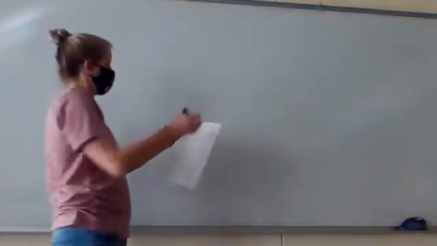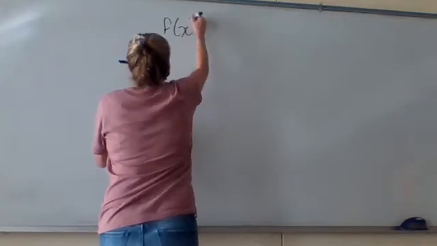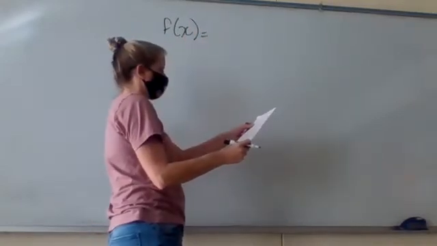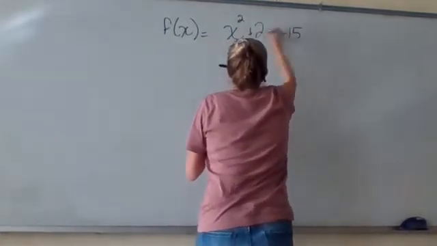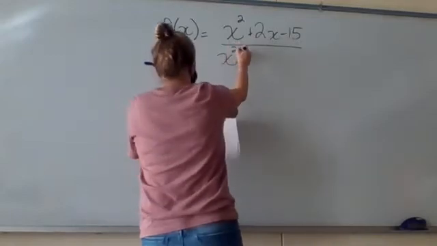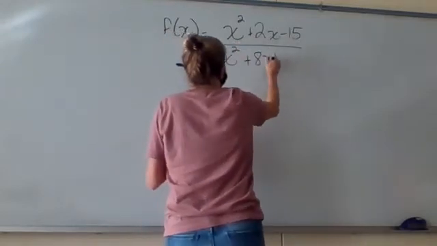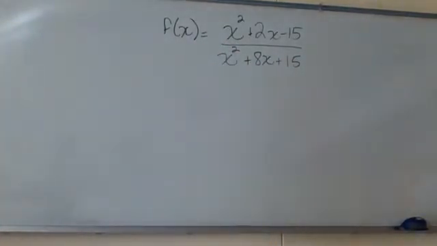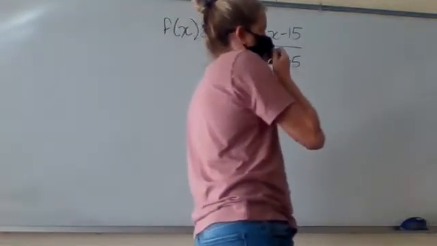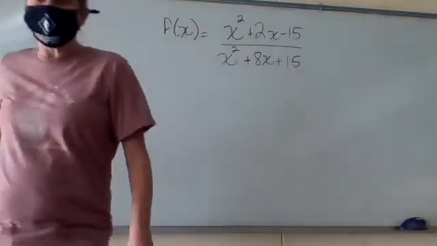All right, 22 and 23 are going to ask us everything about the rational functions. Okay, so let's start off. You have x squared plus 2x minus 15 over x squared plus 8x plus 15, and it's going to ask us domain, vertical asymptote, horizontal asymptote, x-intercepts, y-intercepts, all of that.